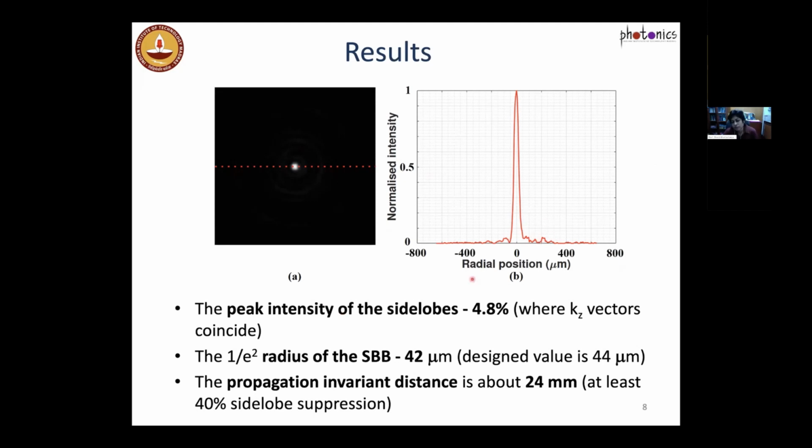The optimization was done such that the design value of the Bessel beam was to have a core radius of 44 microns, and we were looking for a suppression of at least 40% of the side lobes. In this experiment, we could get a propagation invariance distance of about 24 millimeters with at least 40% side lobe suppression.